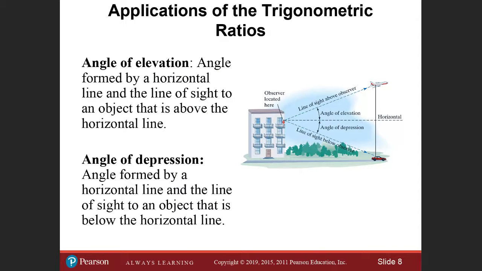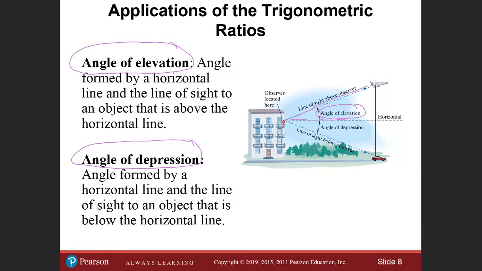Now we have the applications of the trigonometric ratios. I'll give you a chance to read the definition. What is angle of elevation? And what is angle of depression? Okay, so angle of elevation is formed when you look upward, and the line of sight over here would be your angle of elevation.